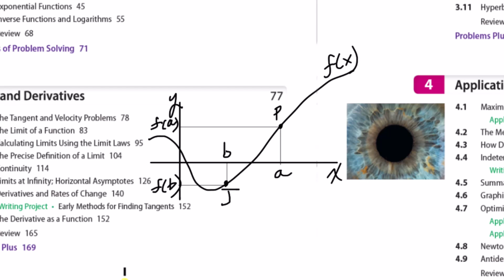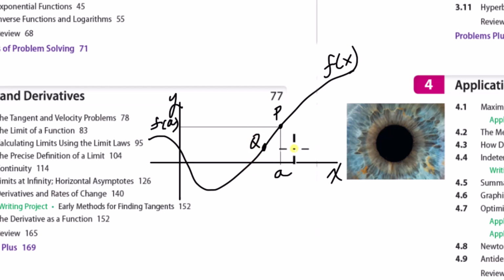So what's the difference quotient of a function at a point? What's the difference quotient of f of x at a or at point P? Okay, the difference quotient is just the change in output with respect to change in input between point P and any point on f of x, not including point P, and on either side of point P. So to write the difference quotient, we just think about some arbitrary point Q that's anywhere on f of x, as long as it's not point P itself.